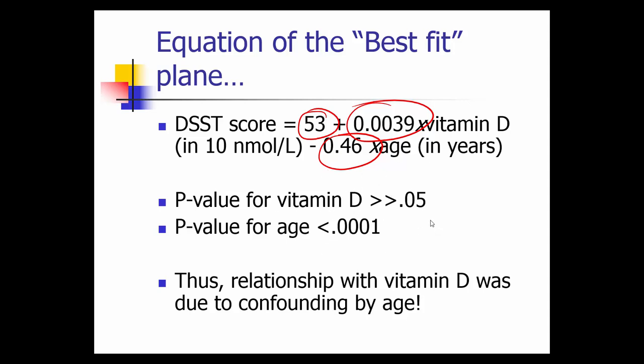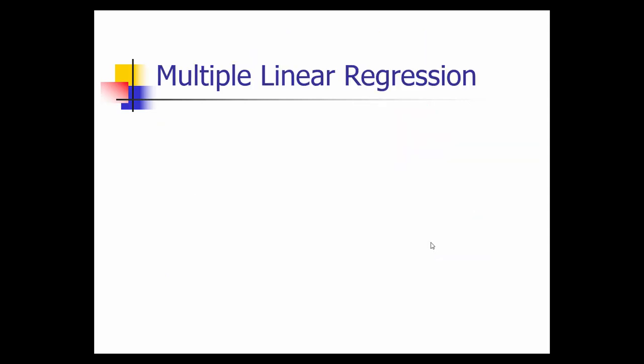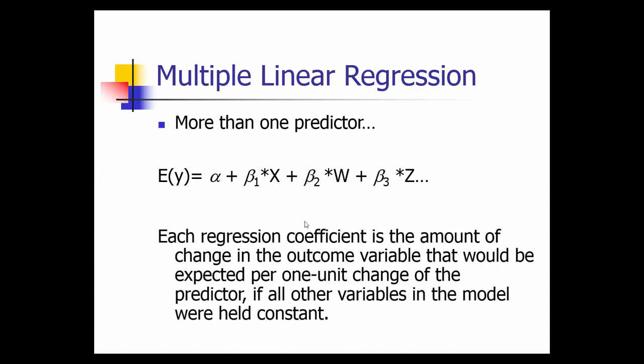They have to be less than 0.05. Yes, they are, so both are significant. That means both contribute towards the variation in the DSST score, which is the dependent variable. So in summary, multiple linear regression has more than one predictor or parameter.